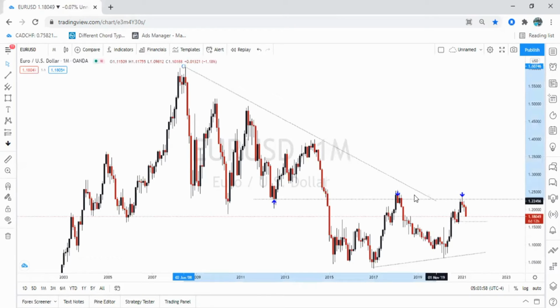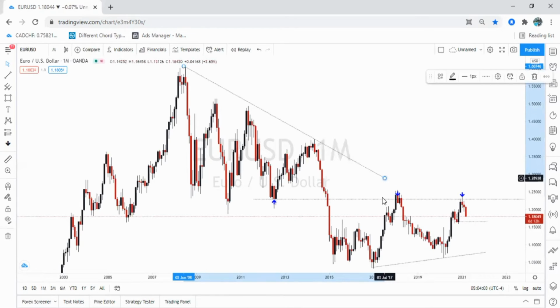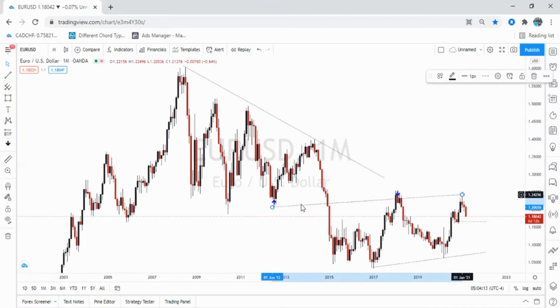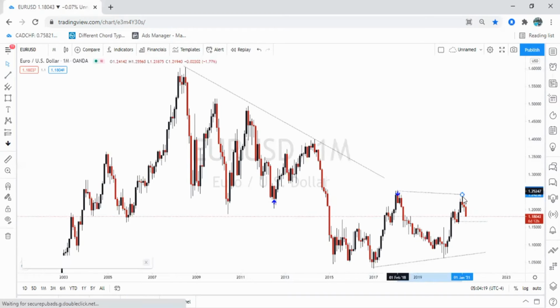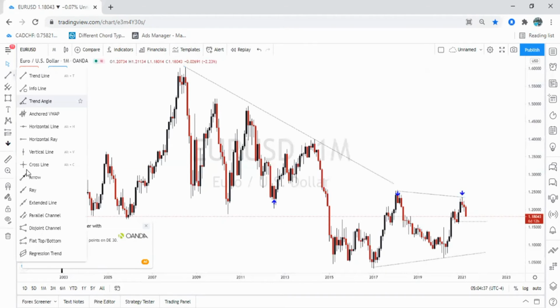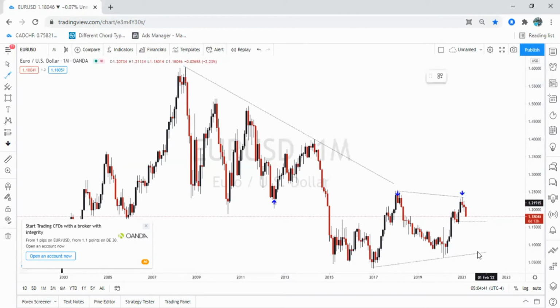Okay, let's use trend lines only. This is how you would draw it. So, okay, from this thingy, because we're in a long-term downtrend, chances are you're going to get a movement all the way to this level.